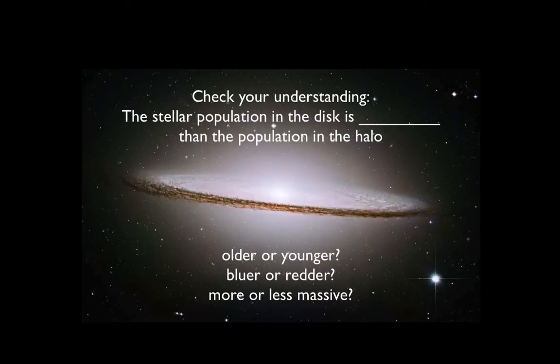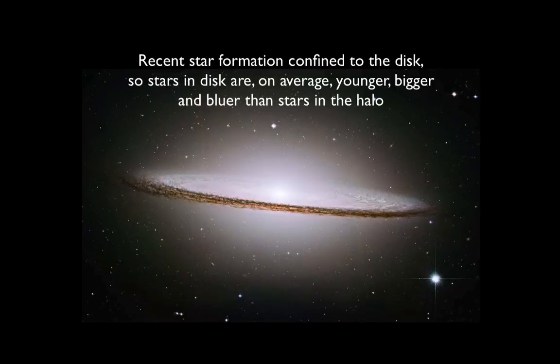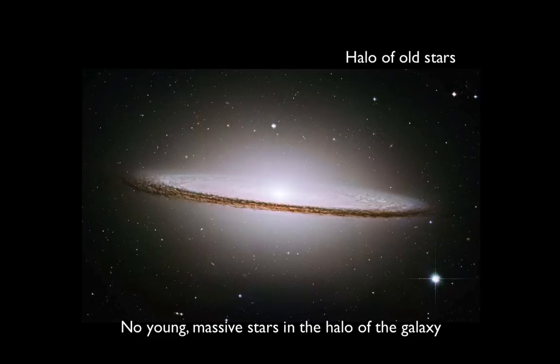For a population where stars have not been formed in billions of years, then you won't be able to see any big, massive blue stars, because those will have already died off since the last episode of star formation. So recent star formation is confined to the disk, so stars in the disk are, on average, younger, bigger, and bluer than stars in the halo. That means that there are no young massive stars in the halo of the galaxy.